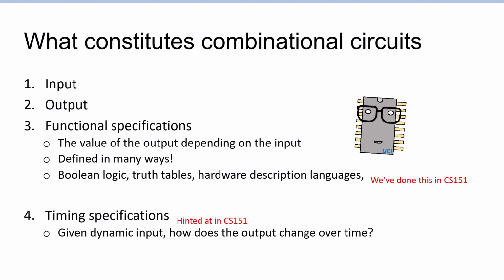The value of the output depending on the input can be defined using Boolean logic, truth tables, and of course hardware description languages like Verilog, which is used to describe which function translates the input to the output.